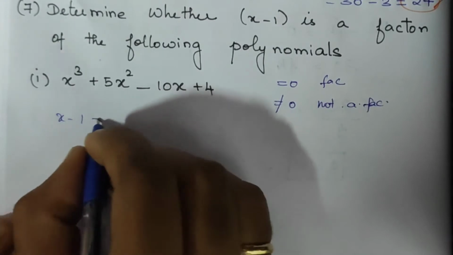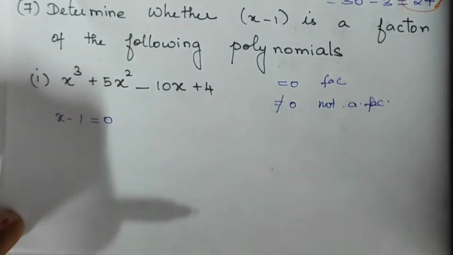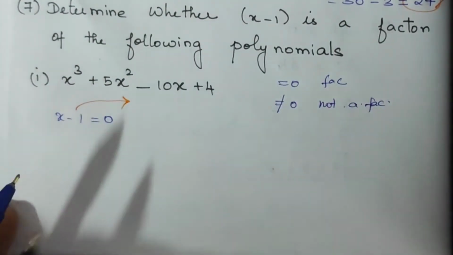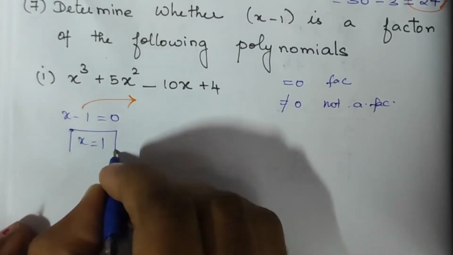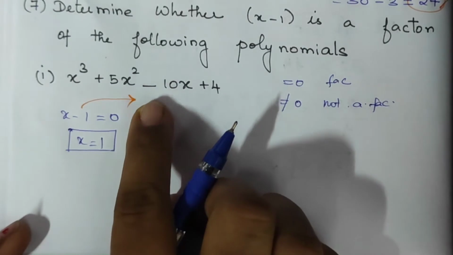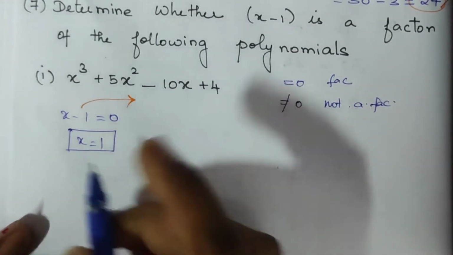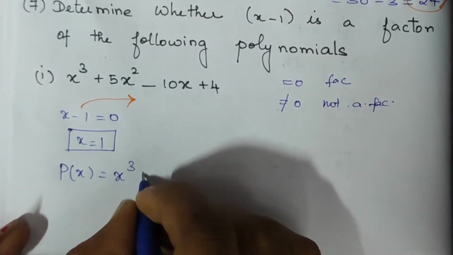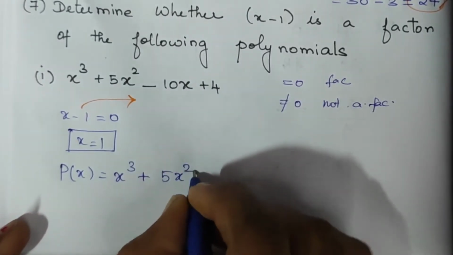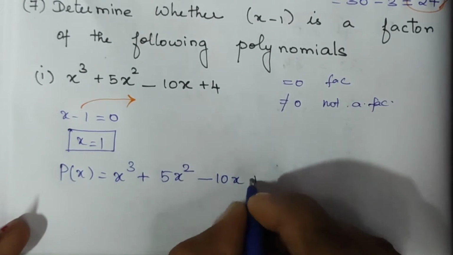So x minus 1 is equal to 0. When you take minus 1 to the other side, it becomes positive. So x is equal to 1. We are going to consider this as p of x. So p of x is equal to x cube plus 5x square minus 10x plus 4.